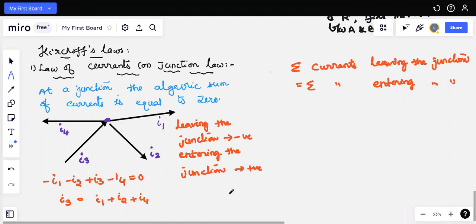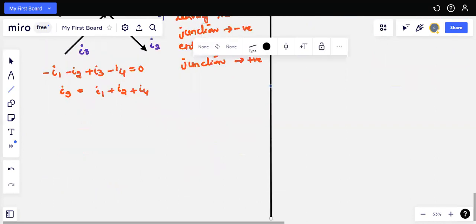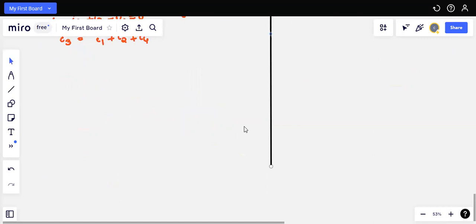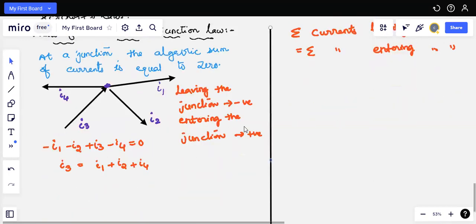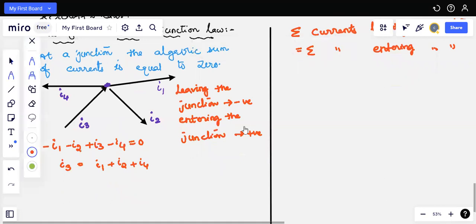This is very easy because we already discussed it in the capacitor chapter. So it is easy for us. That implies, which law does it obey? If you see, who are entering, who are leaving?